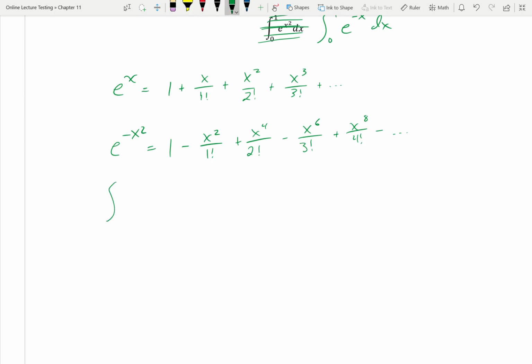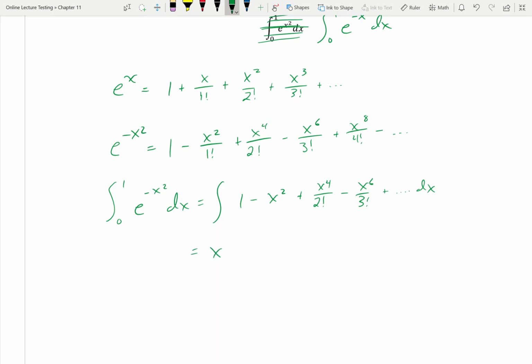Now let's integrate from 0 to 1 of e to the negative x squared dx. Well, that's the integral of 1 minus x squared plus x to the 4th over 2 factorial minus x to the 6th over 3 factorial, and so forth.